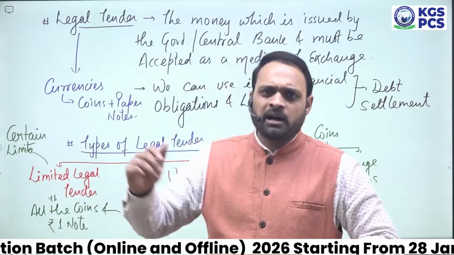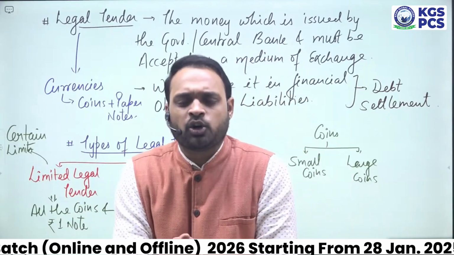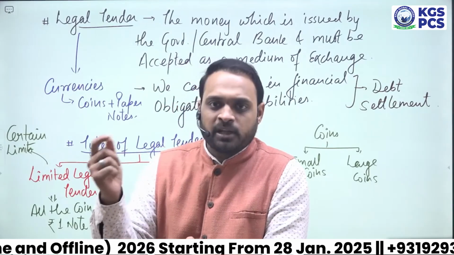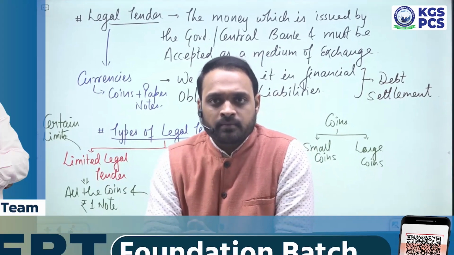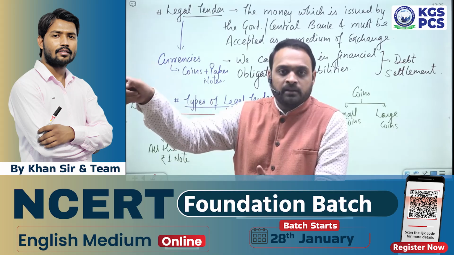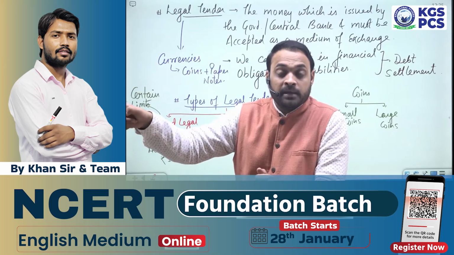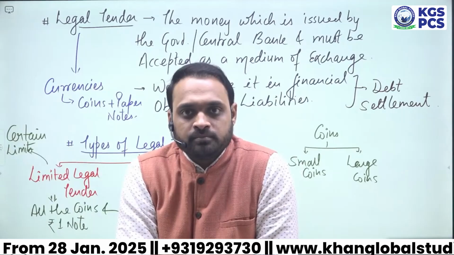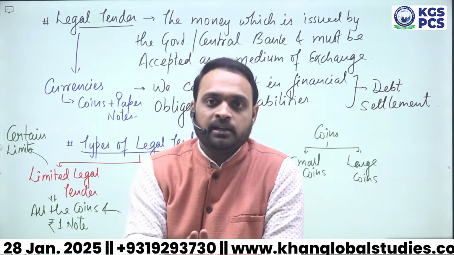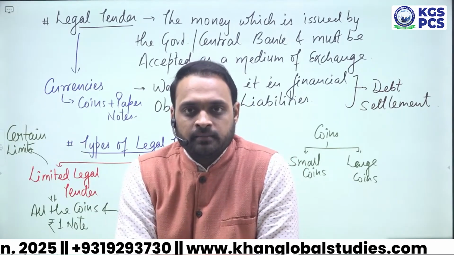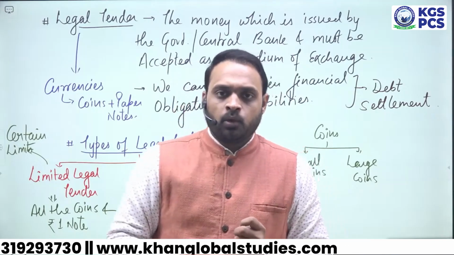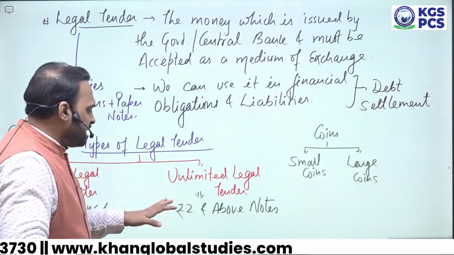If you went to the market and asked for a commodity that costs rupees 5000 and you are giving 5000 in coins, the shopkeeper may refuse to accept coins from you if he has knowledge like us, right? What is unlimited legal tender?